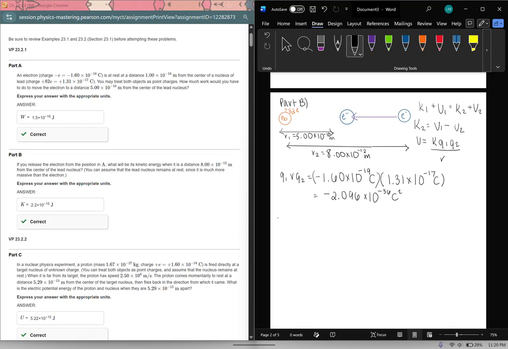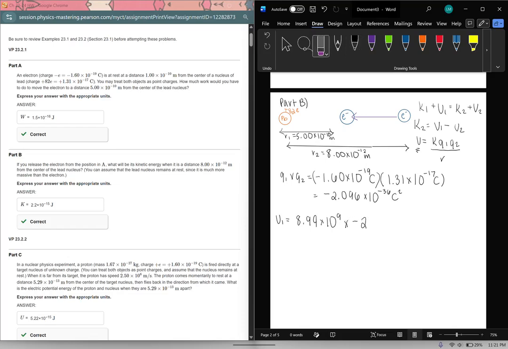So we're going to divide by the initial ones. The K is the constant of Coulomb's law, and it's 8.99 times 10 to the power of 9. Multiplying that by what we got up here, which is Q1 times Q2, 2.096 times 10 to the negative 36 coulombs, over 1.00 times 10 to the, that's the R1, basically the initial distance.